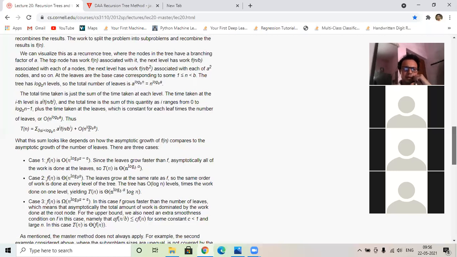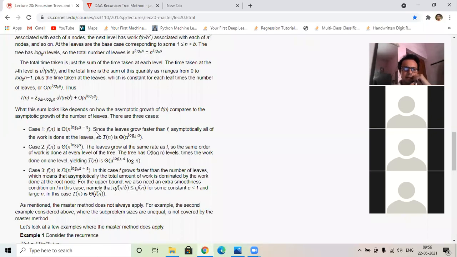Epsilon is some constant value which is greater than 0. Mind it. Since the leaves grow faster than f, asymptotically all of the work is done at the leaves. So T(n) is equal to theta of n to the power log a base b. Just a minute.